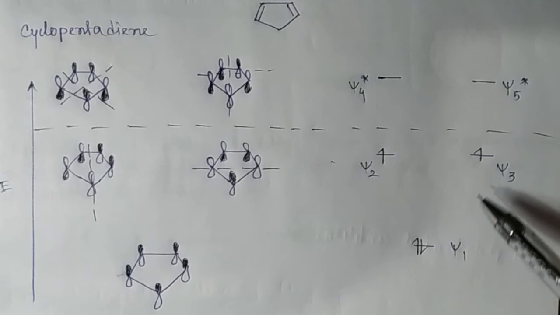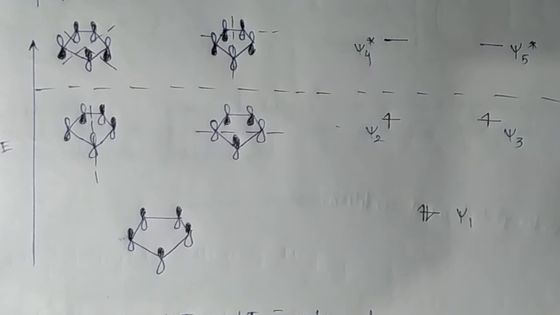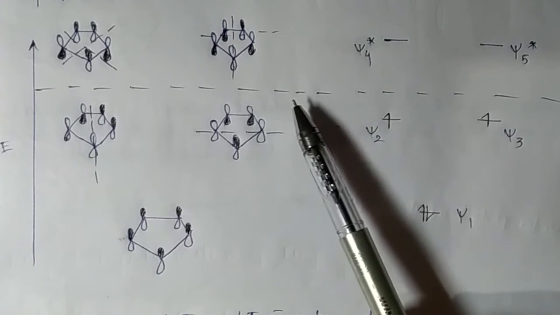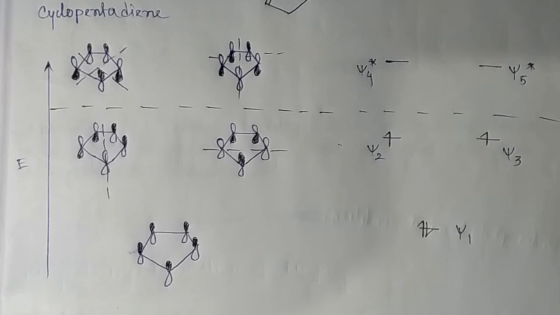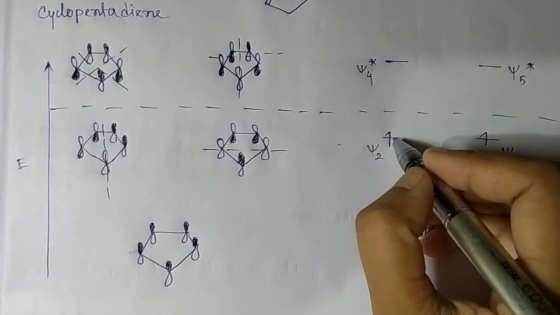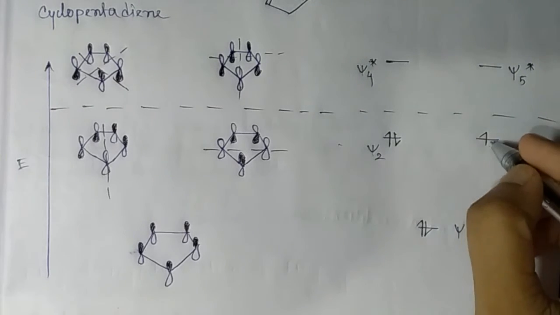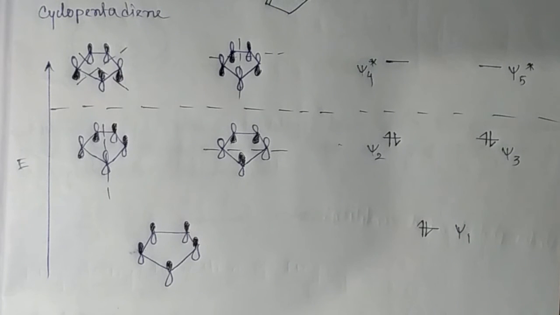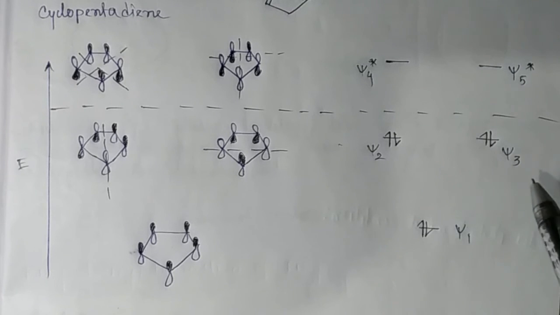So can you find that cyclopentadiene is an anti-aromatic system, because here psi 2 and psi 3 on this horizontal dashed line contain only one electron each. If we add one more electron to psi 2, it will become the cyclopentadienyl free radical. Okay, and if we add one electron again in psi 3, it will become the cyclopentadienyl anion, where you can see that all the bonding MOs below this horizontal line have 2 electrons.